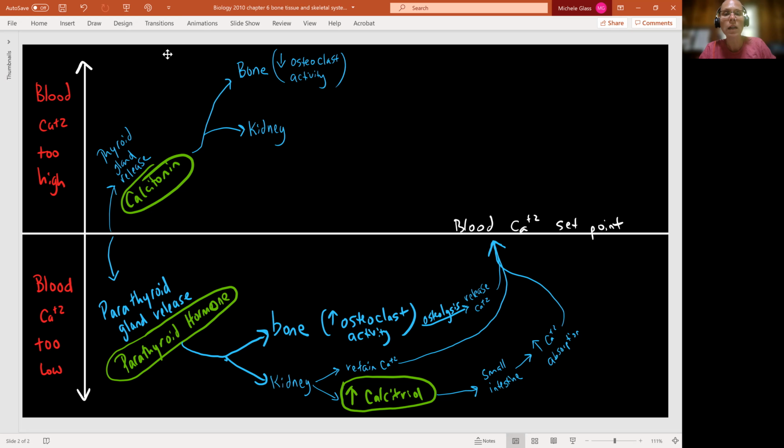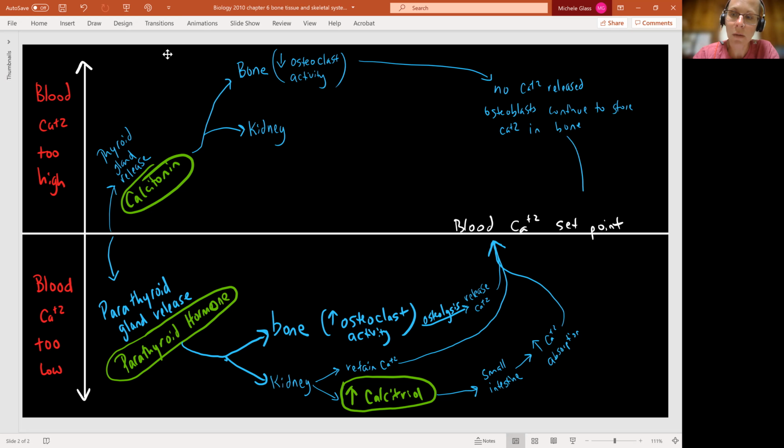So instead of releasing calcium, we're going to store calcium. So we'll see no calcium released, osteoblasts continue to store calcium in bone. So that's reducing blood calcium levels.